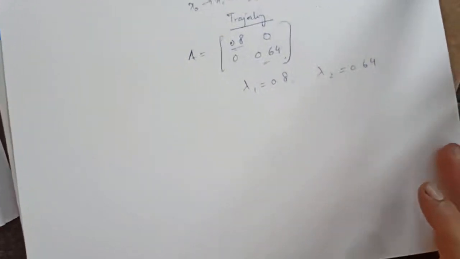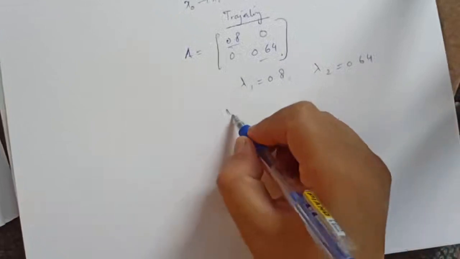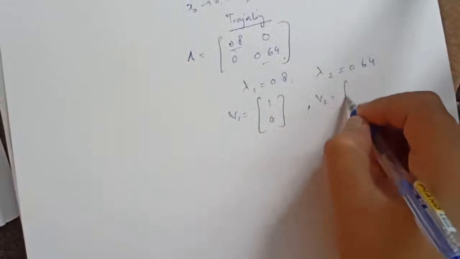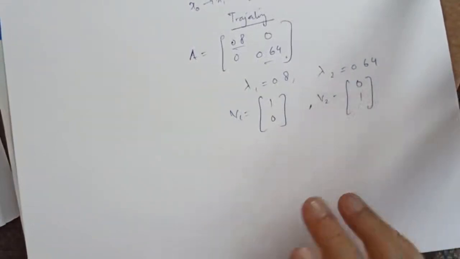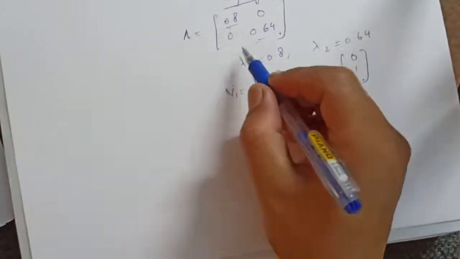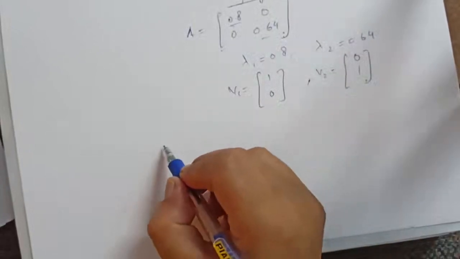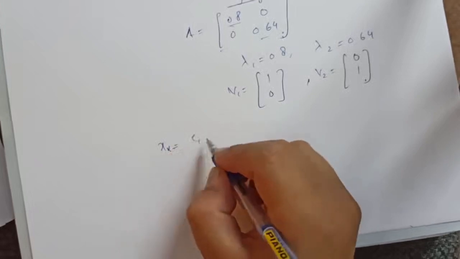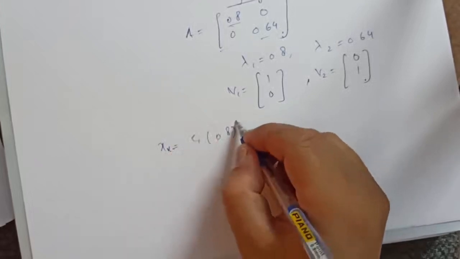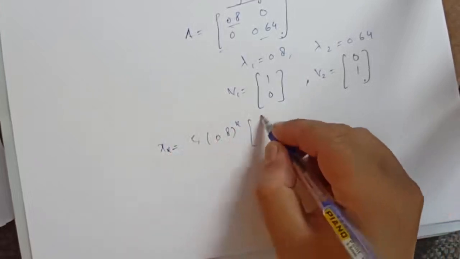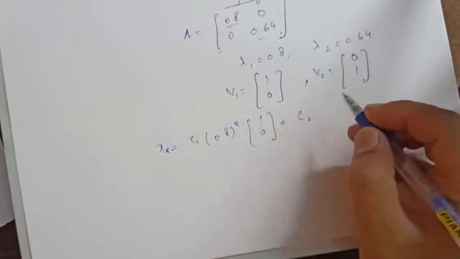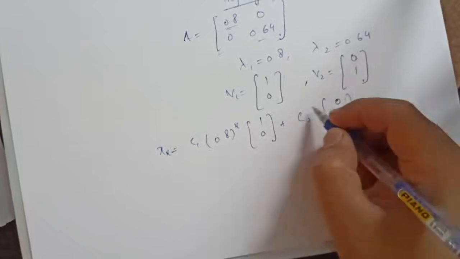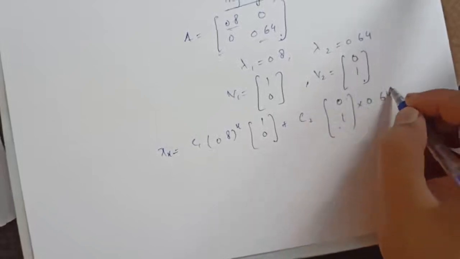Okay, and the corresponding eigenvalues and eigenvectors we can find: v1 as (1, 0) and v2 as (0, 1). So in this case, if A defines a discrete dynamical system, we can write x of k equals c1 times 0.8 to the power k times (1, 0) plus c2 times (0, 1) times 0.64 to the power k.